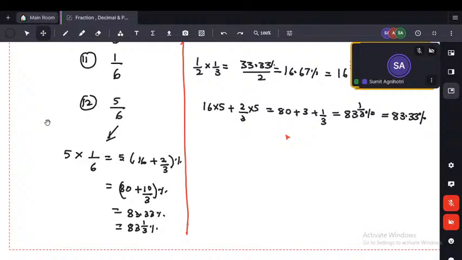Now you convert 1 over 8. 1 over 8 is how much?